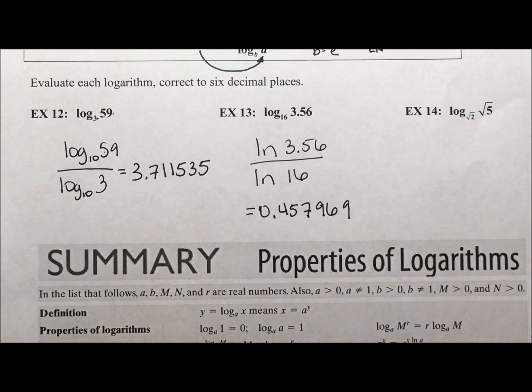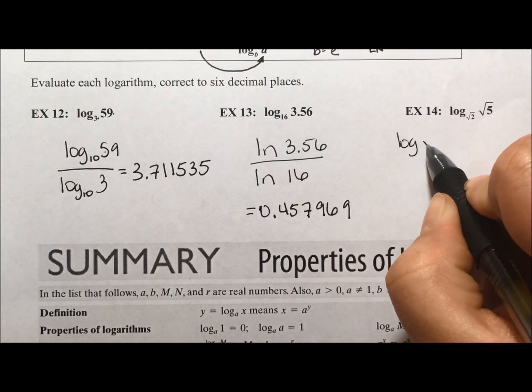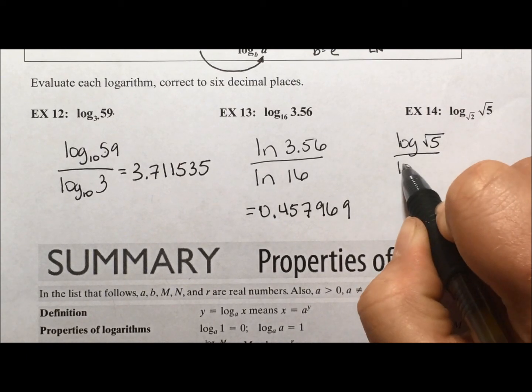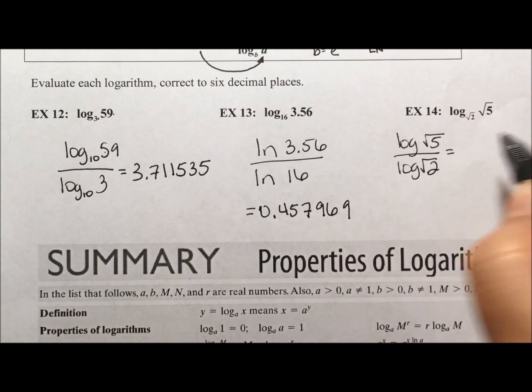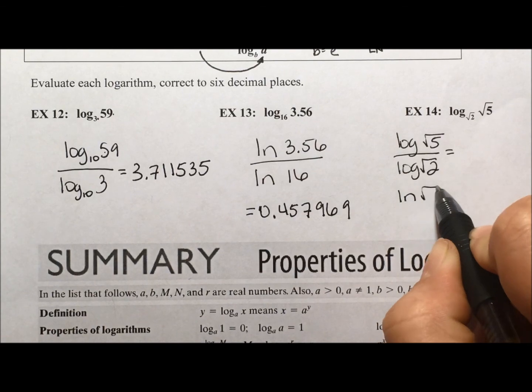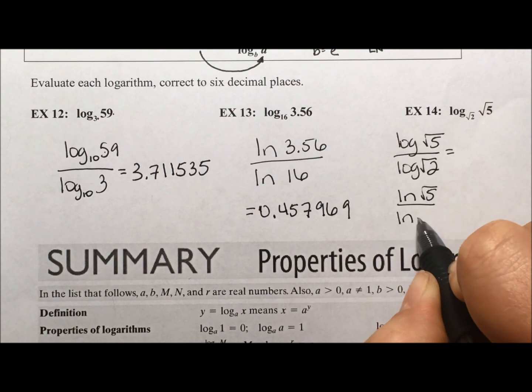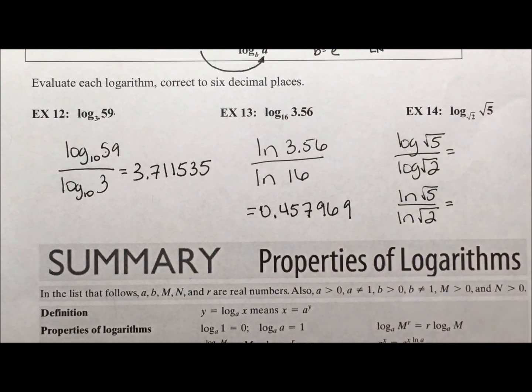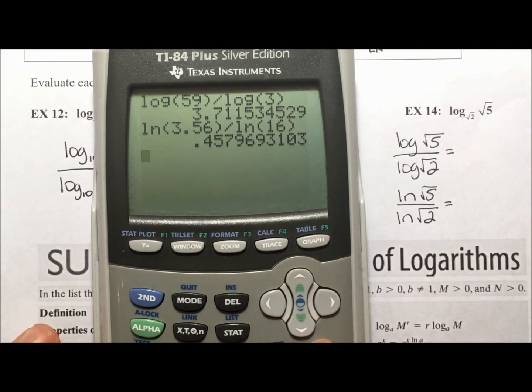All right, and then our final one, I want to show you that it doesn't matter which base you go with. So I'm going to set this one up with both a log base 10 and also log base e. And if we did this correctly, we should get the exact same result either way. Okay, so log base 10.